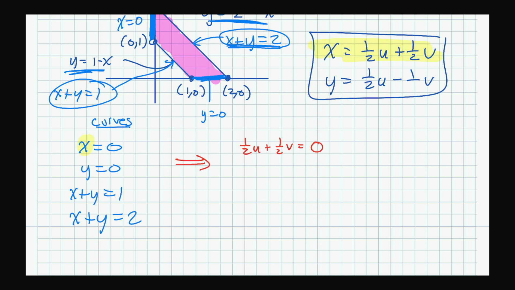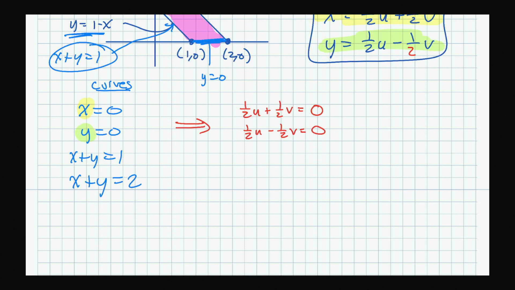The next one is y equals 0. That's this. So y equals 0 is going to be 1/2 u minus 1/2 v equals 0. Your third equation has x plus y.